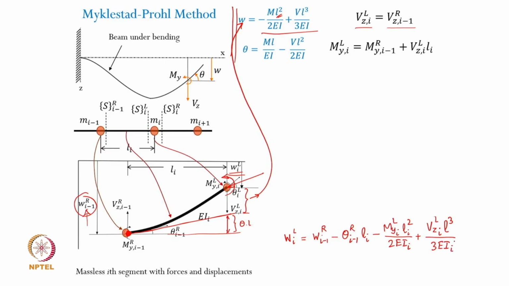Now in the discretization you can have each segment to have different cross sectional dimensions, right. So if you have a tapered beam, when you discretize you can assume this cross sectional dimensions to be different than this particular segment. So each segment can have its own I value which is going to be different, okay.